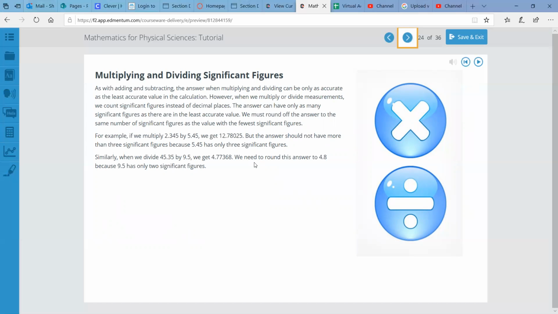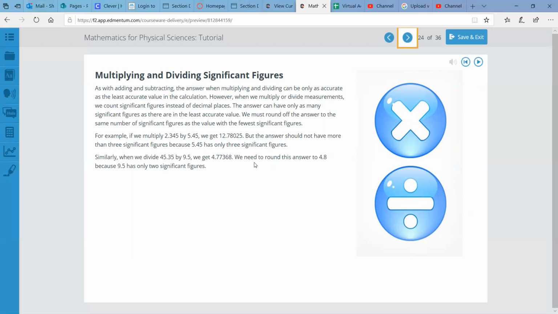So you're counting significant figures instead of decimal places, like in the last one. So if you're subtracting or adding, you're paying attention to decimal points.